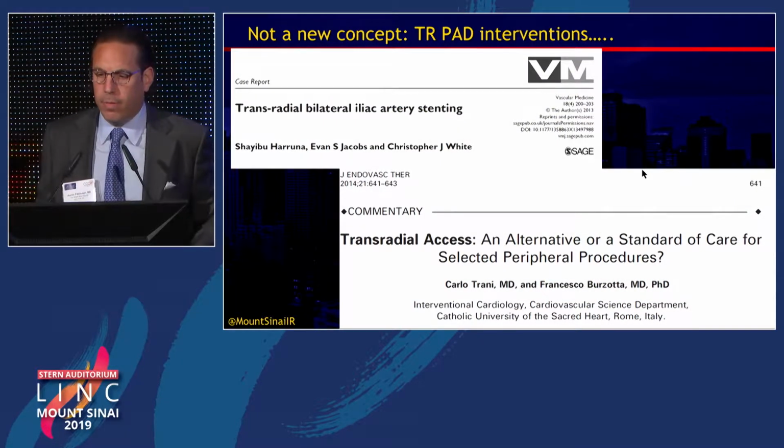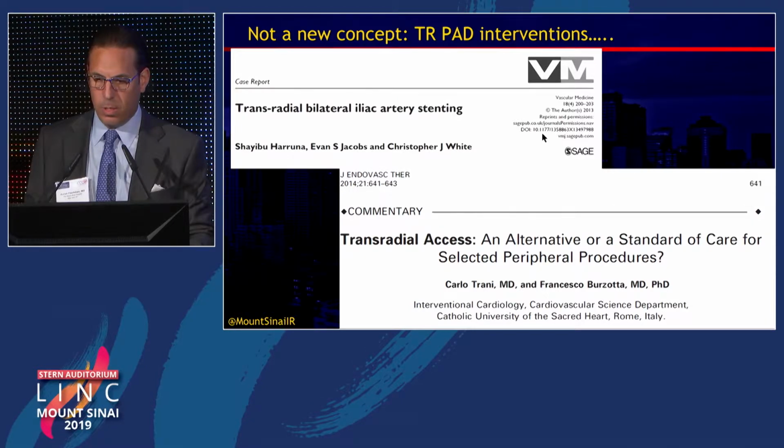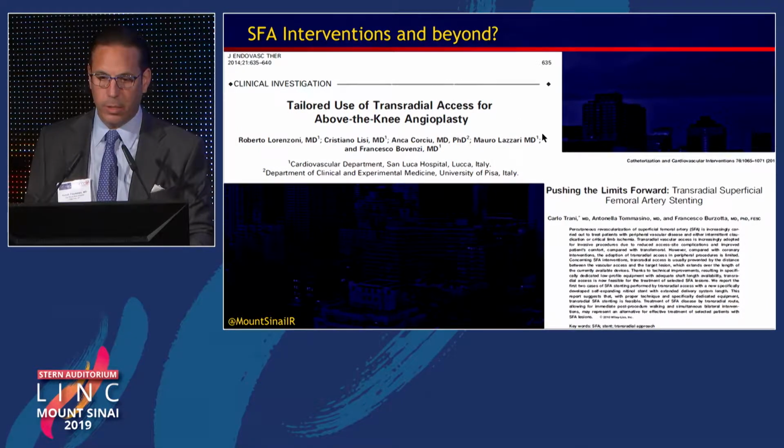We know from our experience over the last several years doing PAD cases, it can be very challenging. This is not a new concept. We were first made aware of PAD cases years ago with iliac artery stenting, but now we have other potential cases that we could tackle with radial access, including above the knee and even now below the knee.